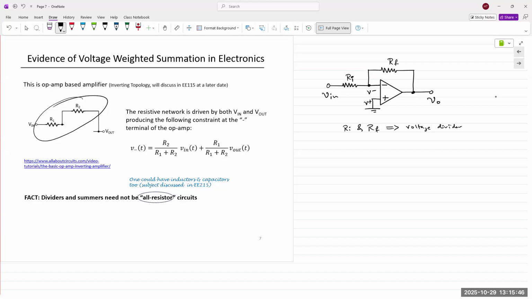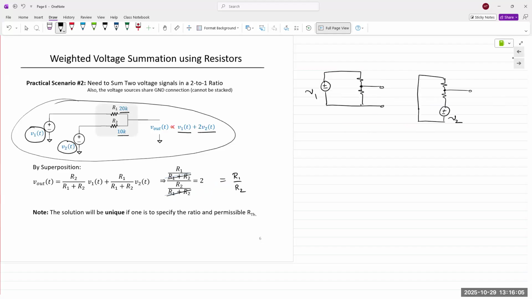And so a small portion of the output, V out, is fed back into the input. That portion that is fed back into the input is R1 over R1 plus R2. And we saw that in the previous slide right here. Right, we had this equation.